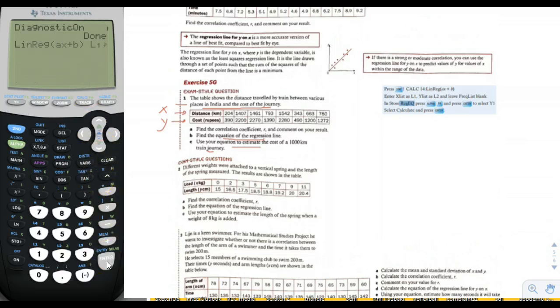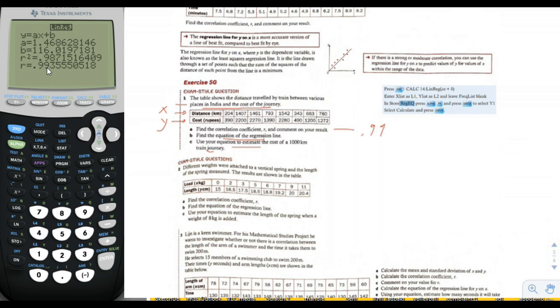So not only will it show me the R value and the equation here, but it's also going to put the equation into my Y equals table. So first I'm going to note that the R value is 0.994 because it asked me that.